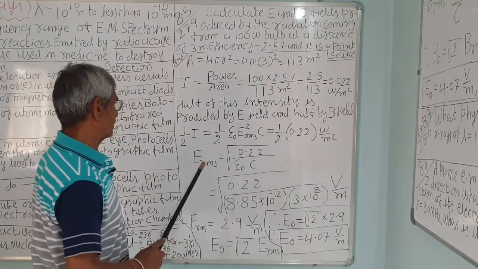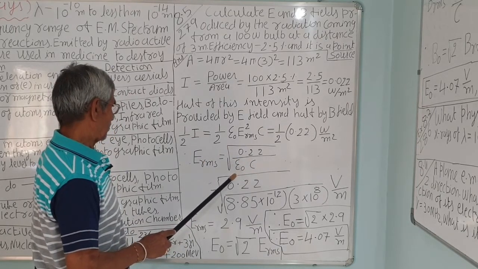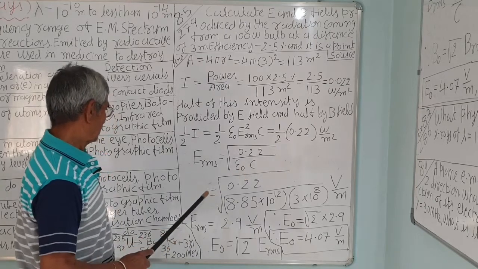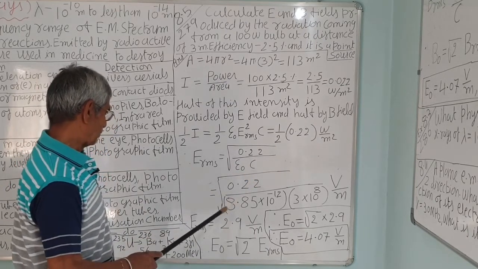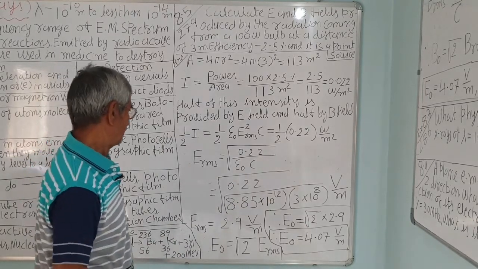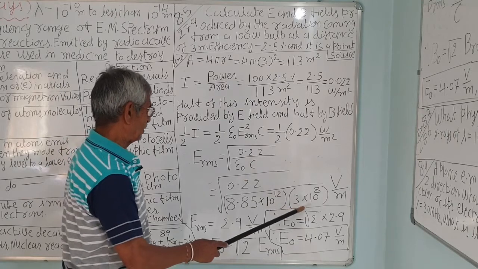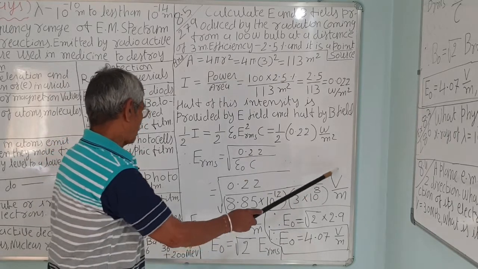First we calculate E RMS, which is 0.22 upon epsilon 0 C, that is 0.22 upon 8.85 into 10 raised to minus 12 into 3 into 10 raised to 8, in volt per meter.